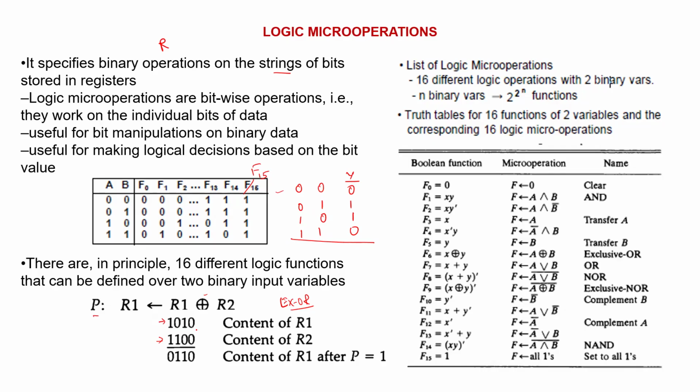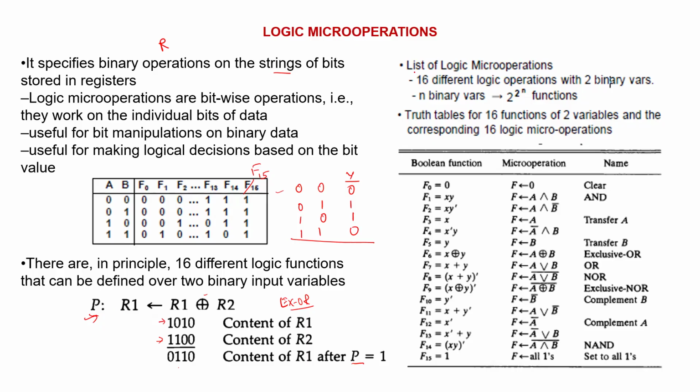Here all possible combinations are covered. This is going to perform the XOR operation if P is 1. If P is 0, even if the contents of R1 and R2 are available, it will not perform this XOR operation. So P is used here as the control, with a colon symbol.